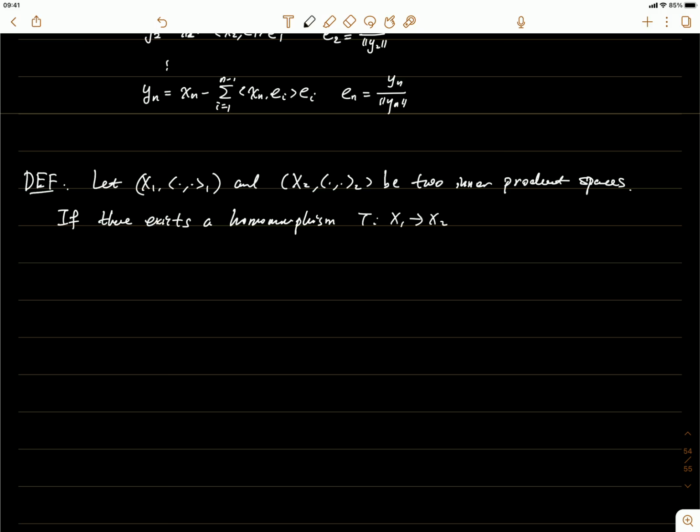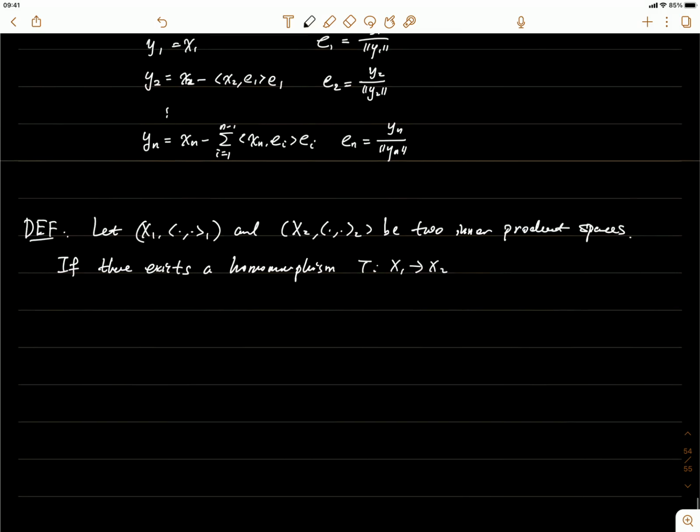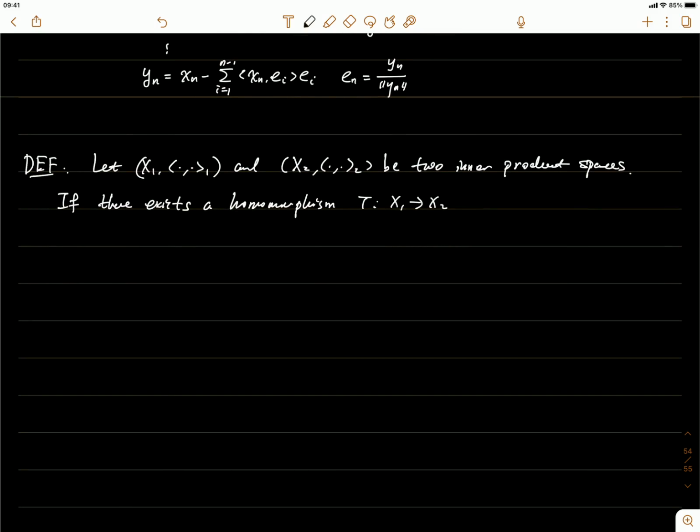By this we mean that for any elements x, y in X1, T(alpha x plus beta y) equals alpha Tx plus beta Ty, for any alpha, beta in R, or in K if you're considering possibly complex numbers as coefficients.